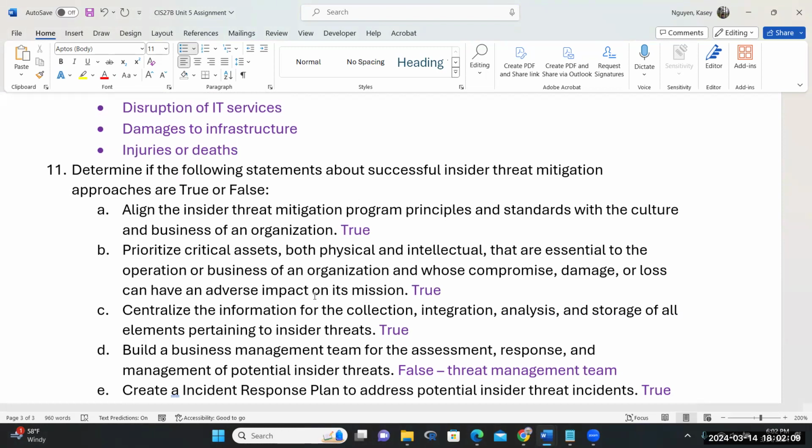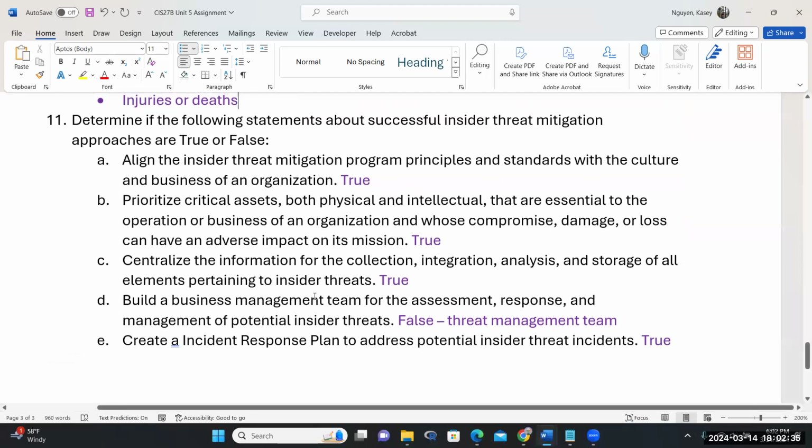From there, you would be able to determine the solution on how you can reduce some of the risks, especially for insider threats. It is better managed and controlled when it is centralized. So that's true for C.